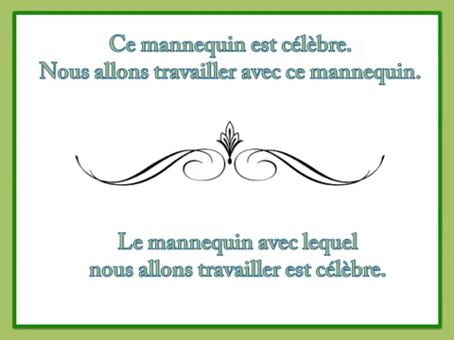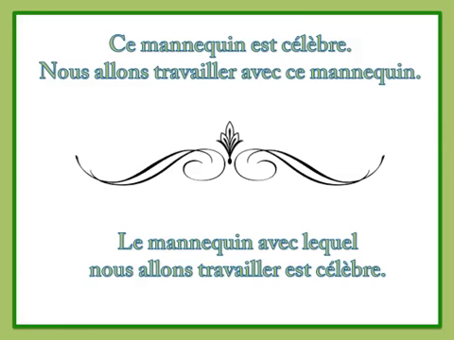Okay, so for example, ce mannequin est célèbre. This model is famous. Nous allons travailler avec ce mannequin. We are going to work with this mannequin. Okay? Again, I'll ask you to look at the sentences and tell me in the second sentence, do you see a preposition? Hopefully you can identify avec, which means with, as a preposition.